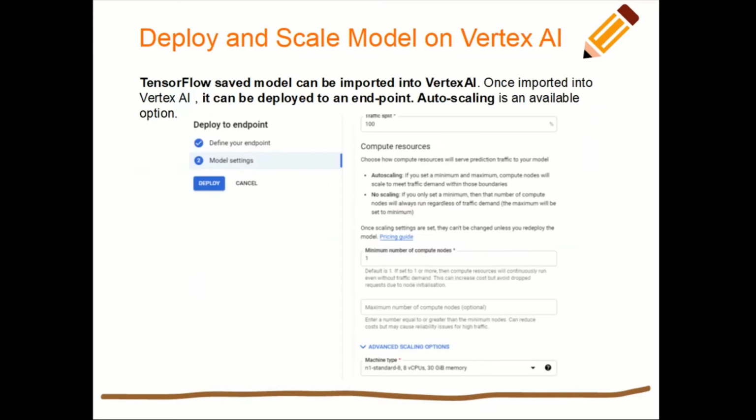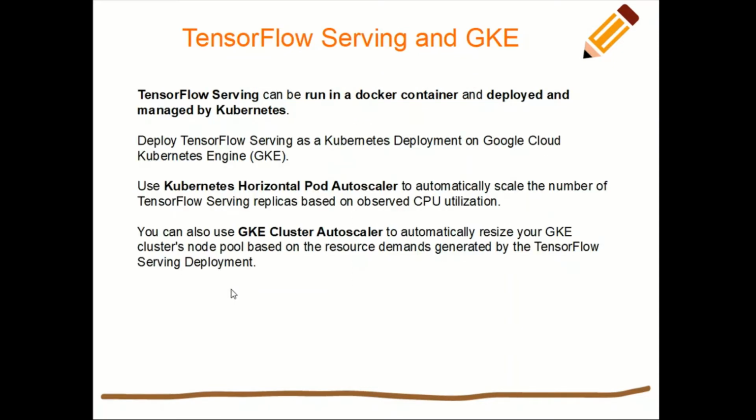So the first option we saw is the Vertex API, which is a fully managed option because everything is going to be managed by the Vertex AI service by Google. The second option that we have is to deploy it on any kind of Kubernetes engine, right? Here we are saying it is Google Kubernetes Engine, but it holds good for other Kubernetes engines also, either by AWS or Microsoft.